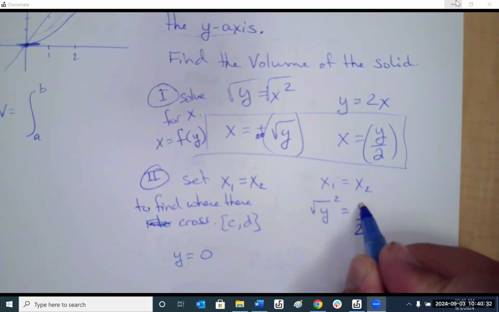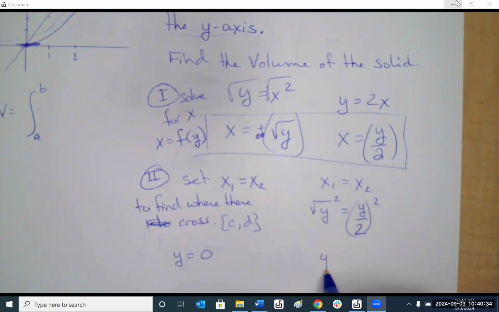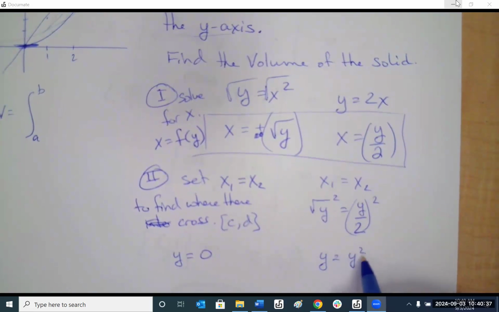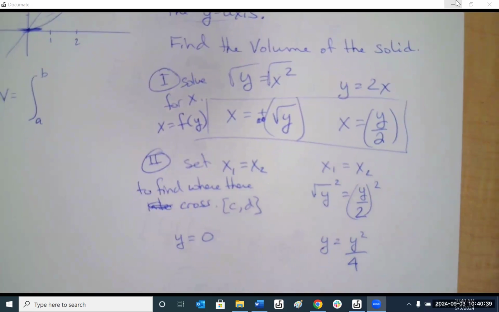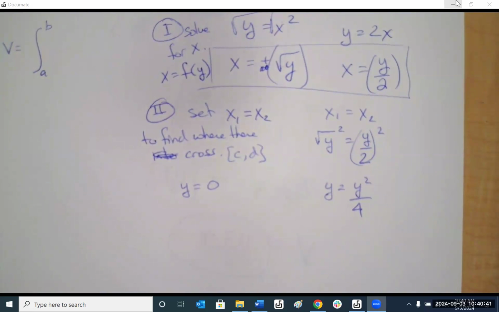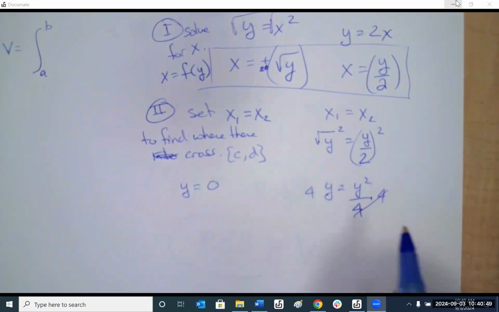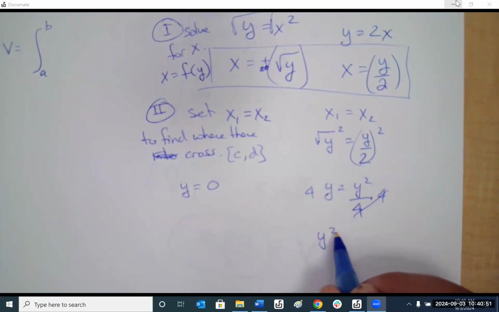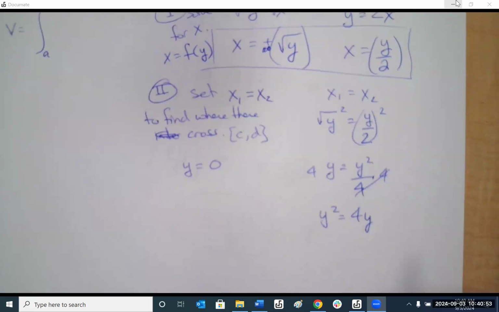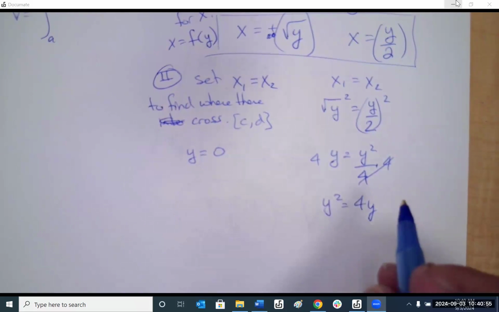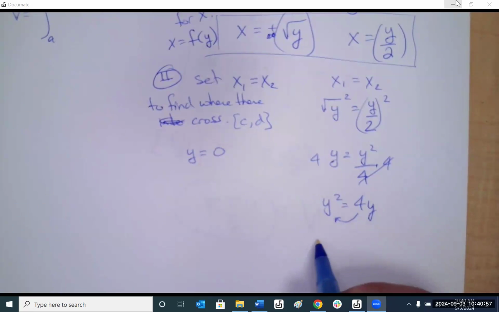If I square both sides, I get y equals y squared over 4. Multiply both sides by 4. So we have y squared equals 4y. Move that over.